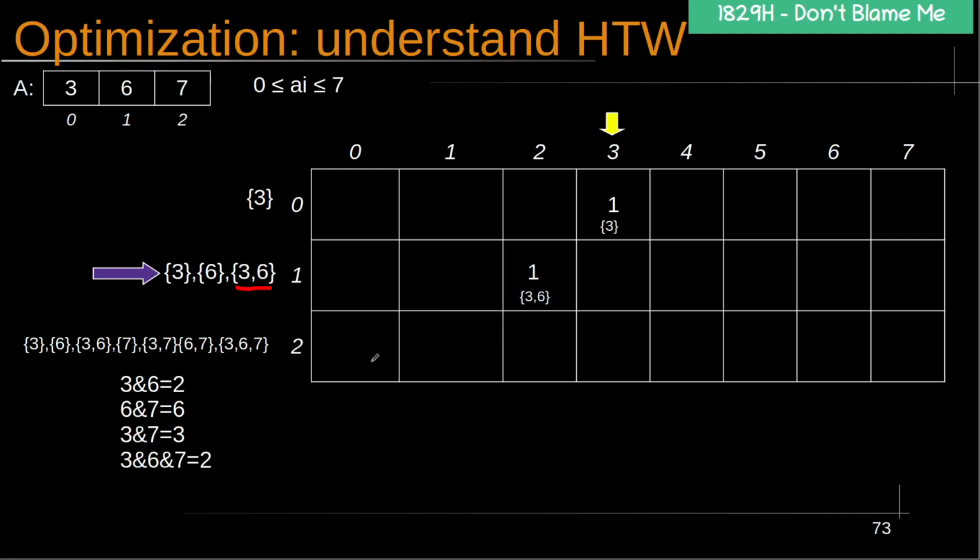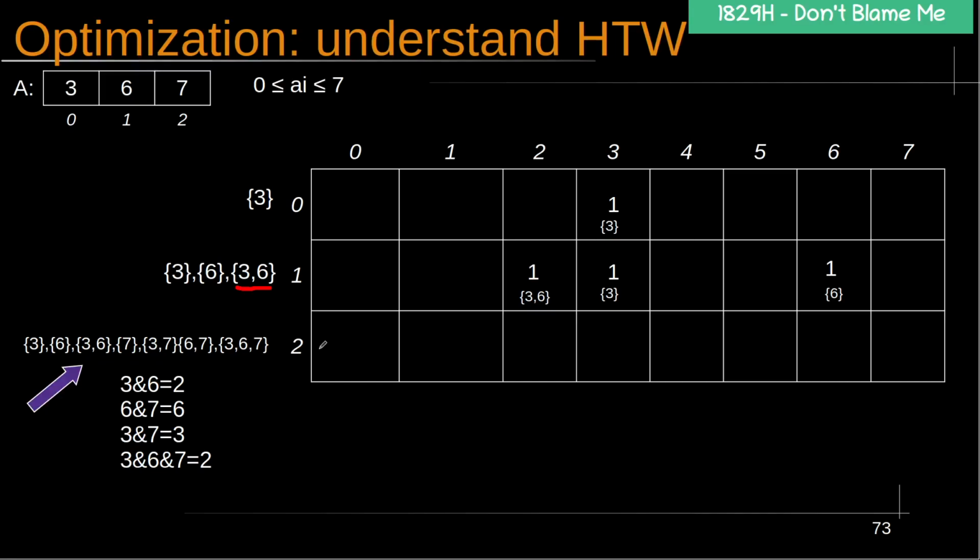For 3, we have only one, which is 3, because the bitwise AND of 3 is equal to 3. 4 none, 5 none. Oh, sorry, for 6 we have one, which is 6. Its bitwise AND is equal to 6. For 7 none. We go to the last row.